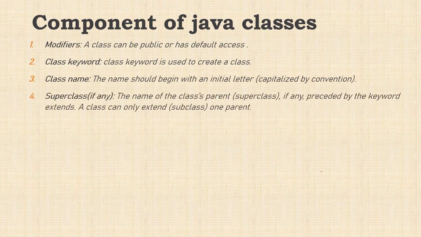And superclass, if any: the name of the class's parent, if any, preceded by the keyword extends. A class can only extend one parent. So in the case of the superclass and child class scenario, with the help of the extends keyword, you can extend the properties of your parent class or superclass inside your child class or subclass.